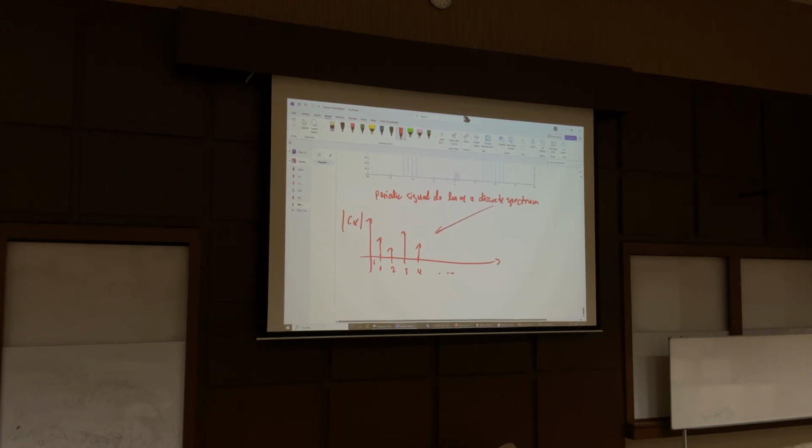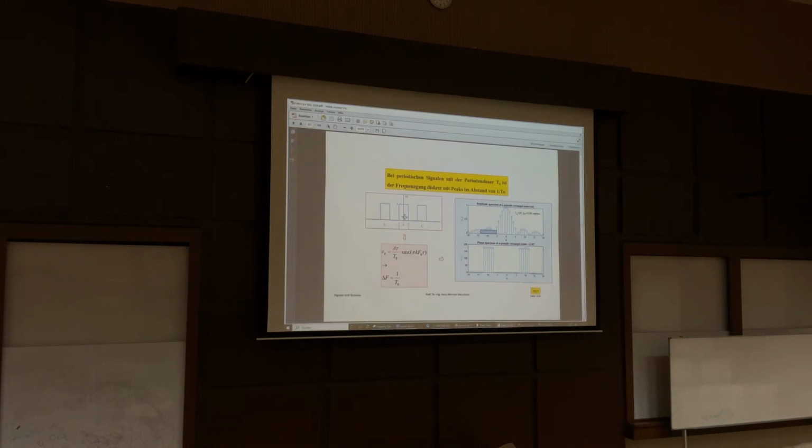And that reflects the cks. Each ck is one component at a frequency k times omega 0, the base frequency. And here our base frequency was 1 over T0, the time between one pulse and the second pulse.